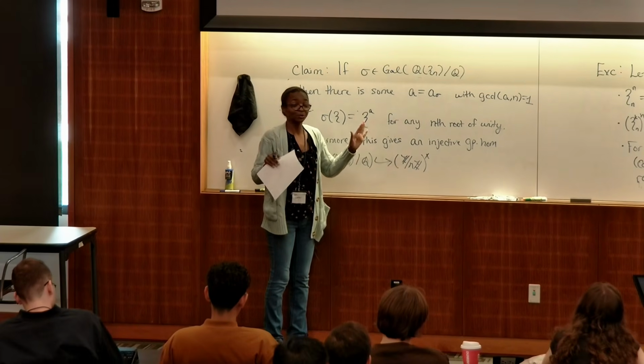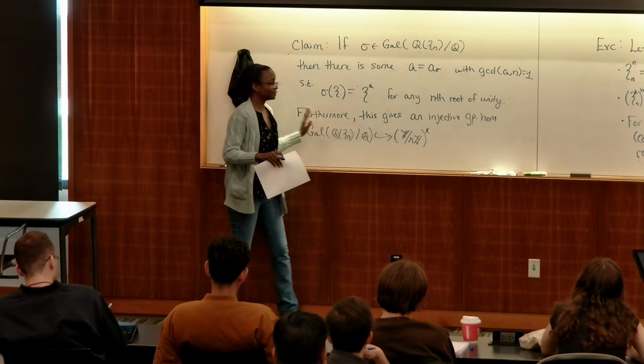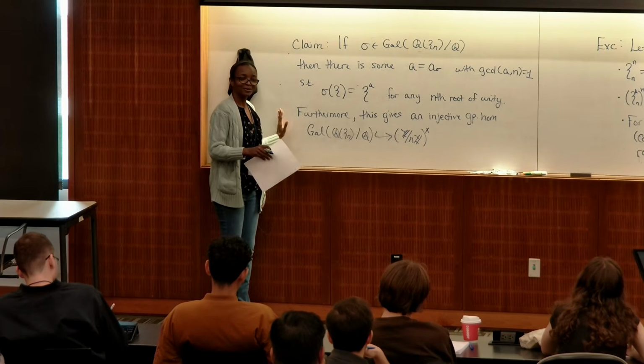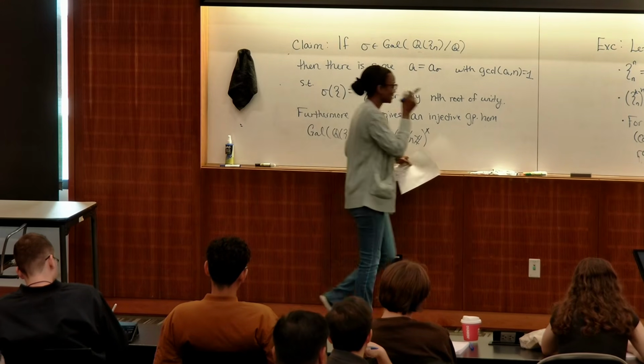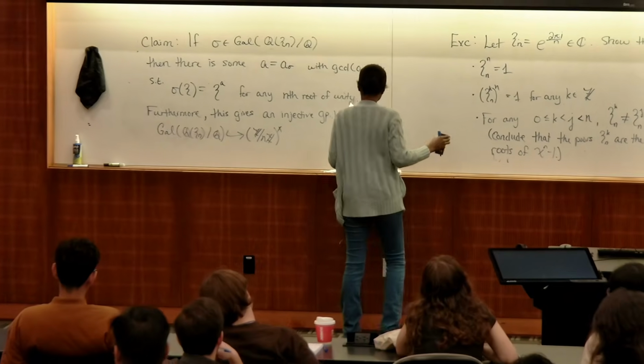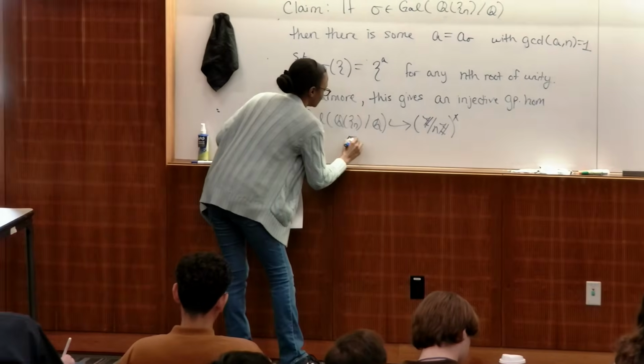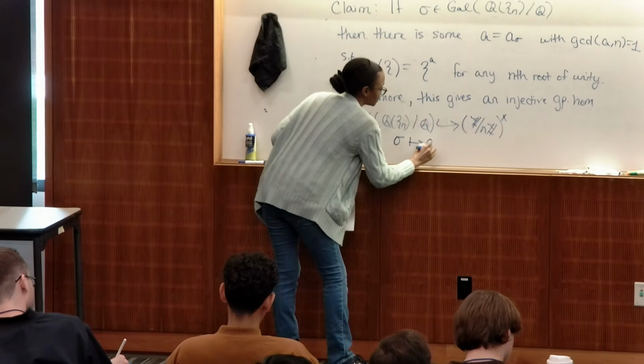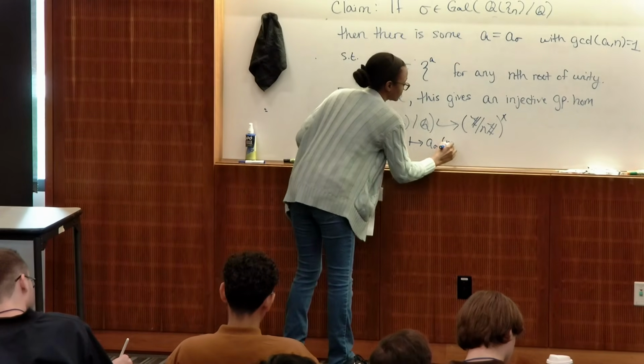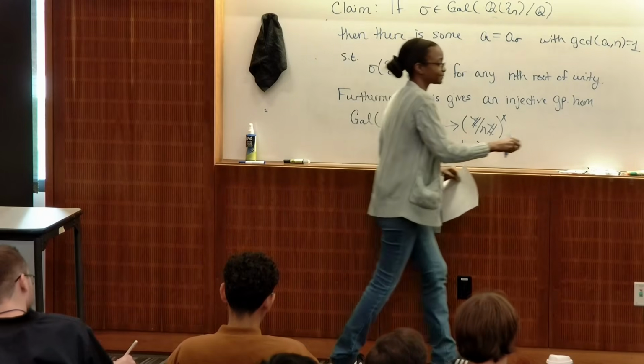And huzzah, future you has proved that this is an abelian extension. Aren't you so proud of your future self? You did such a good job. Oh, my claim is that the homomorphism sends sigma to a sub sigma mod n.